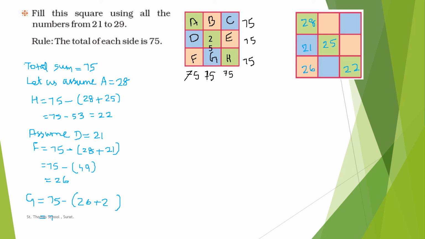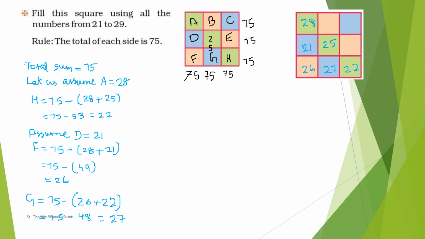It should be 22. Clear? So 75 minus the total of 26 plus 22, it is 48. So the last answer is 27 if we deduct it from 75. Clear? So you can write your G value as 27 in the box like this.